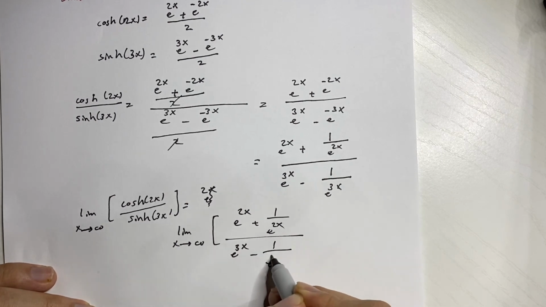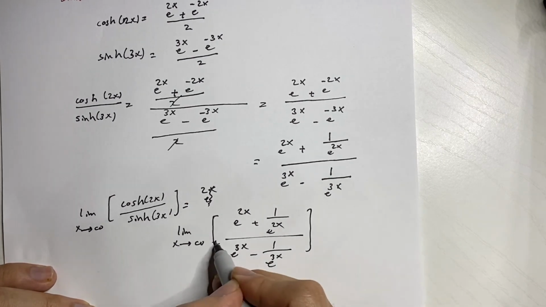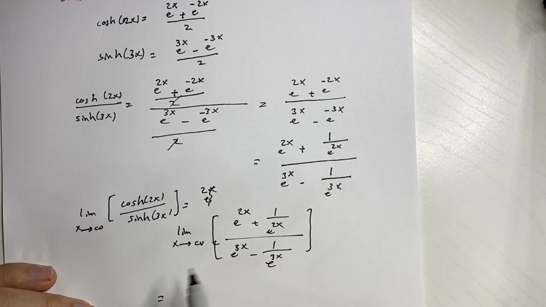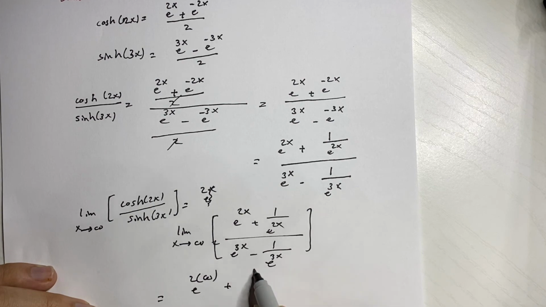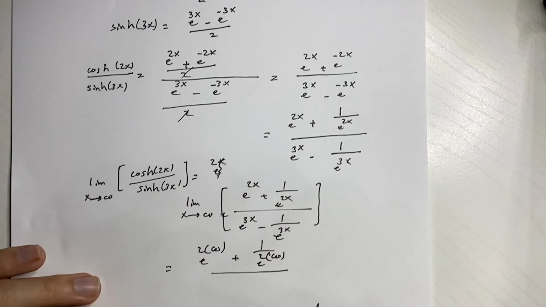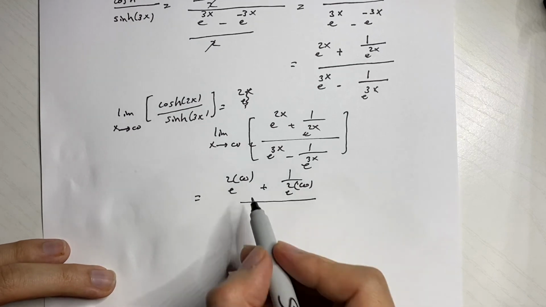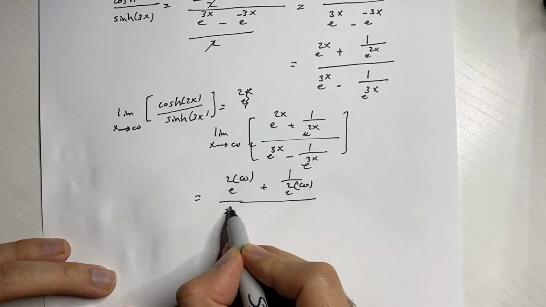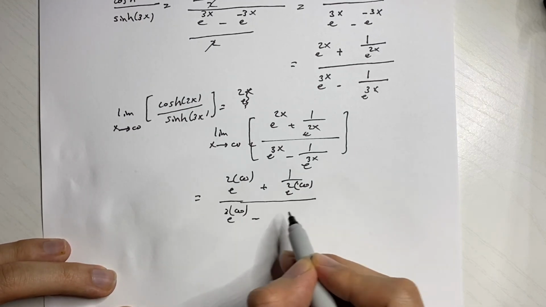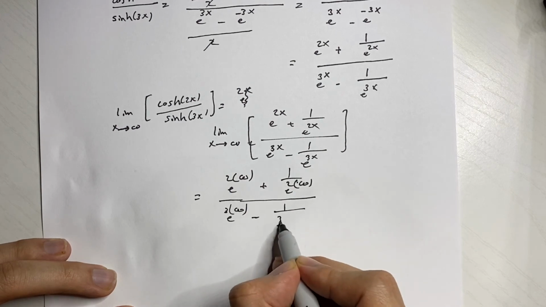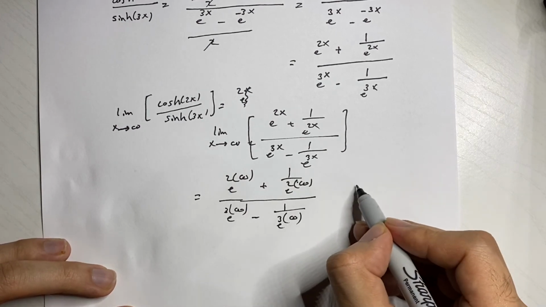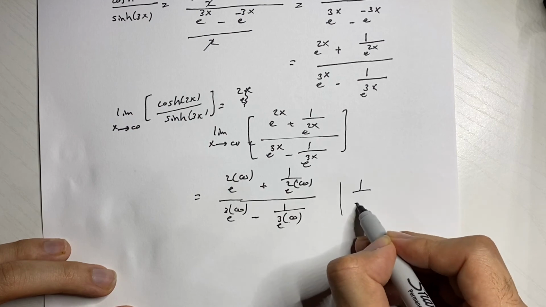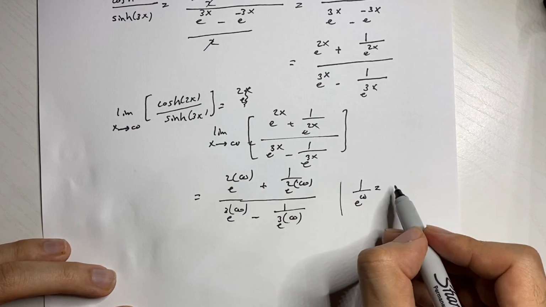Now we are ready to evaluate that as x goes to infinity. And now remember, 1 over e to 2 infinity is the same as 1 over e to infinity, which will go to 0.